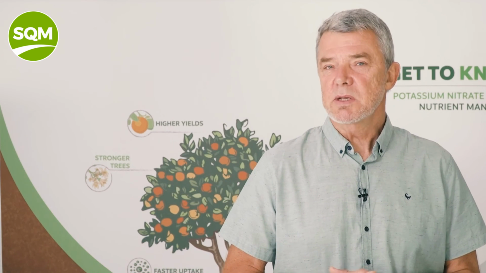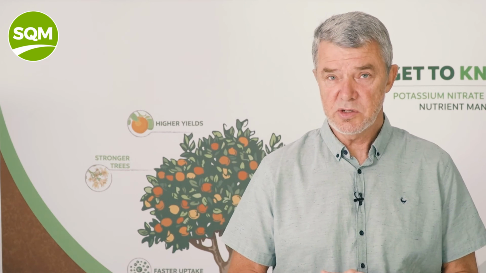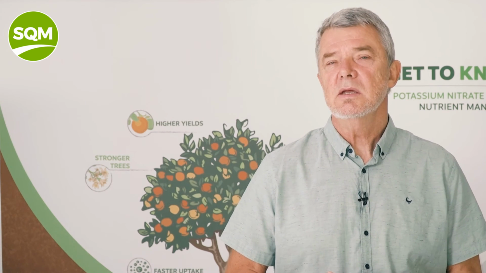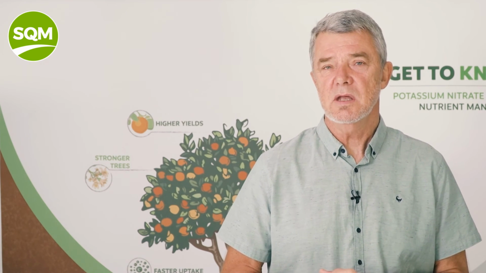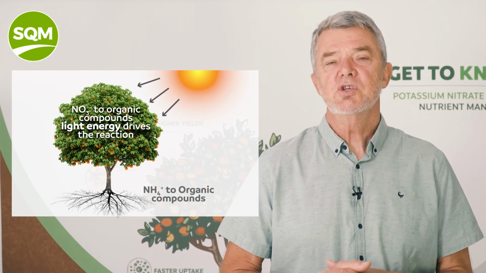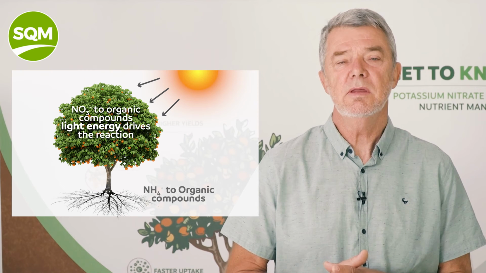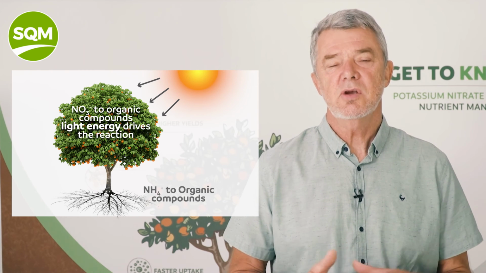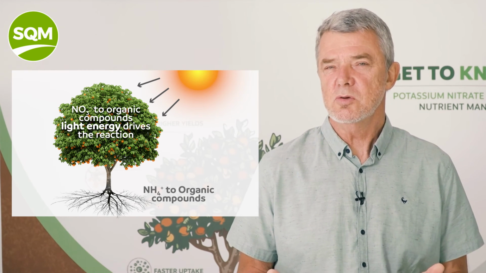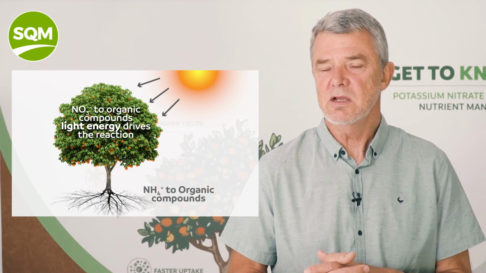A very important aspect of the differences between ammonium and nitrate nitrogen sources is the energy efficiencies and carbohydrates within a plant. This picture shows very basically the nitrates are converted to organic compounds in the roots, but also in the leaves, primarily in the leaves.